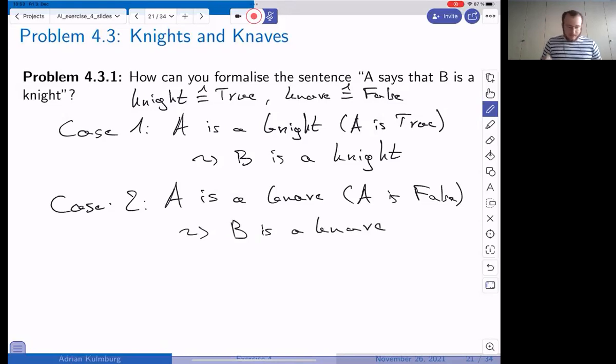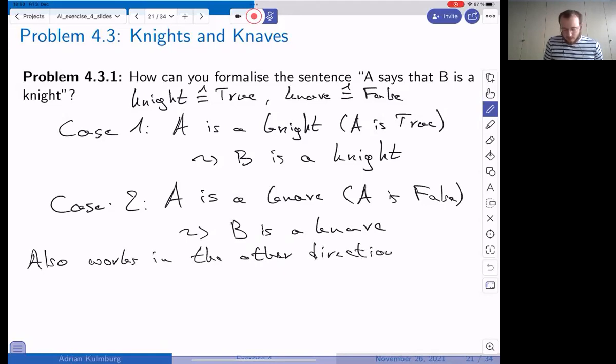Okay, and this you can also do in the other direction. Also works in the other direction. And so what we get is that A is a knight if and only if B is a knight.